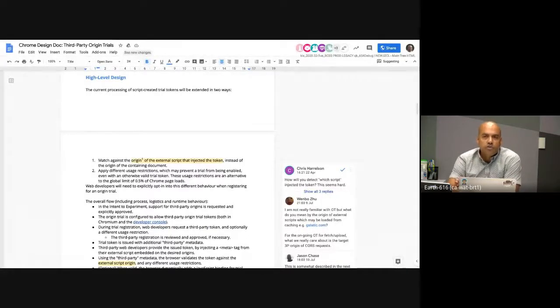Chromium-based browsers could choose to enable support for Chrome origin trial tokens, but right now it's essentially an opt-in, right? Everyone who uses Chromium has to configure some code to say, yeah. So they could choose to honor tokens issued by Chrome, but I'm not aware of anyone that does.